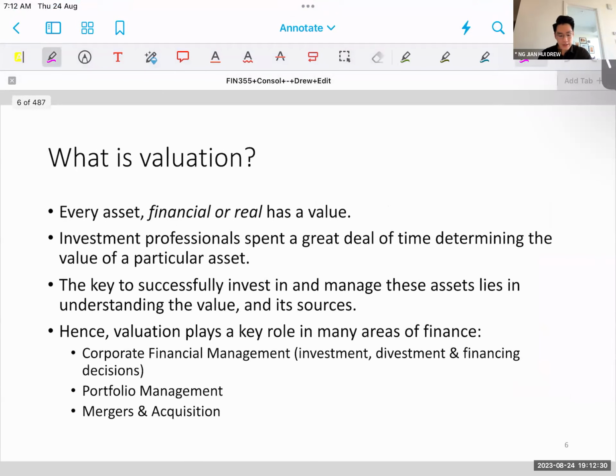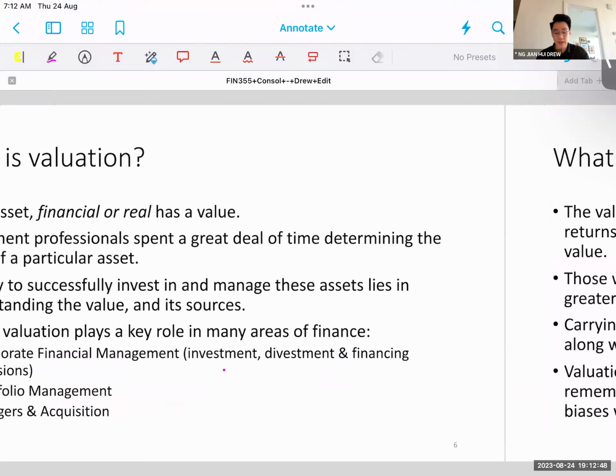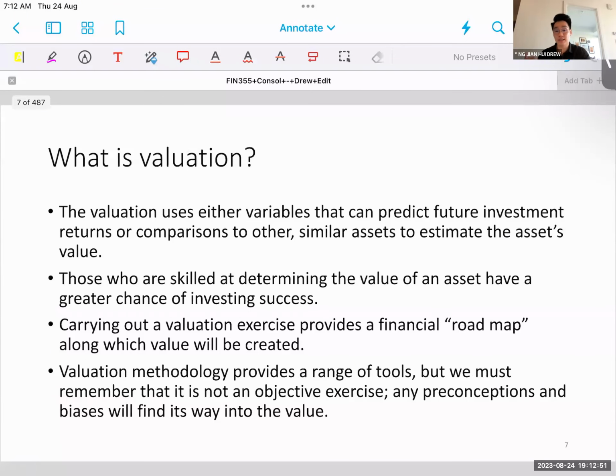Right, so it could be due to merger and acquisition, or because we are a portfolio manager, and of course some corporate finance management matters like divestment, investment, etc. Nothing too important here. You can just have a look at it. It's just for some background on valuation.